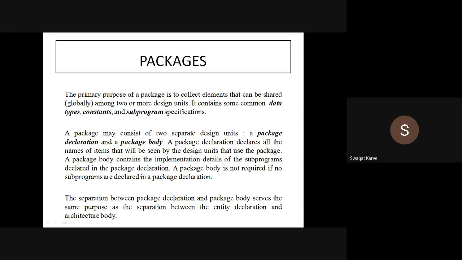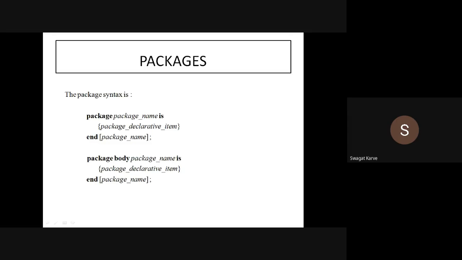Now again, as we have discussed, there is a typical syntax for the entity declaration, port declaration, generic declaration. There is syntax for architecture declaration. Similarly, there is also a particular syntax for a package.